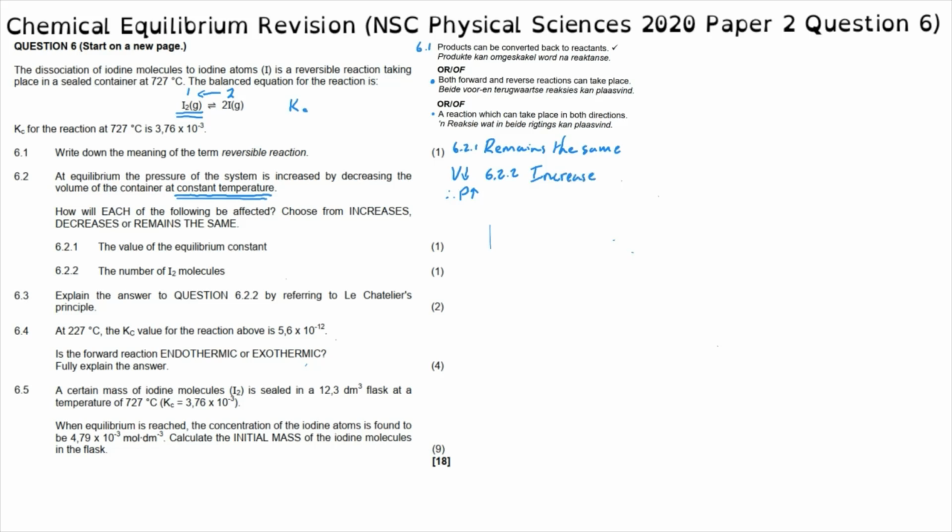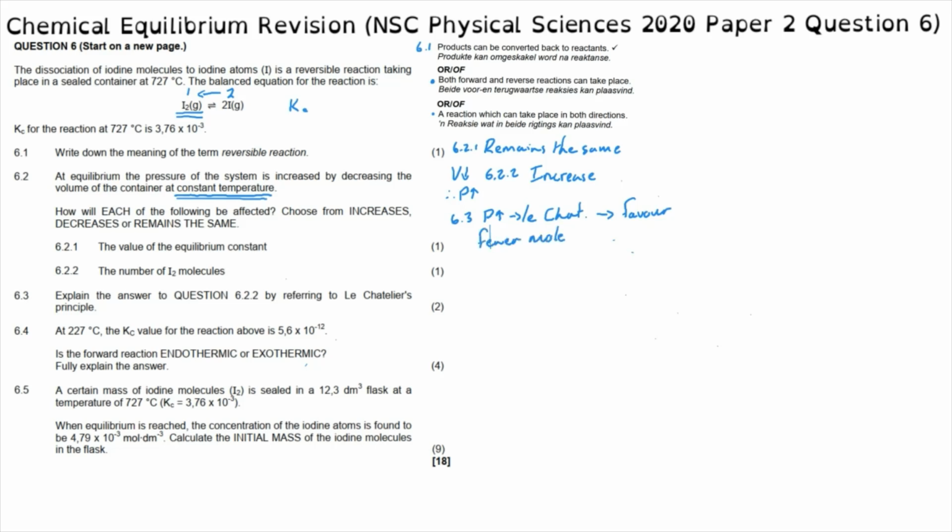Question 6.3, explain the answer to 6.2.2 by referring to Le Chatelier's principle. And so what we're going to start out here by doing is we're going to say that a pressure increase is going to, by Le Chatelier's principle, cause it to favor the direction that produces fewer molecules.